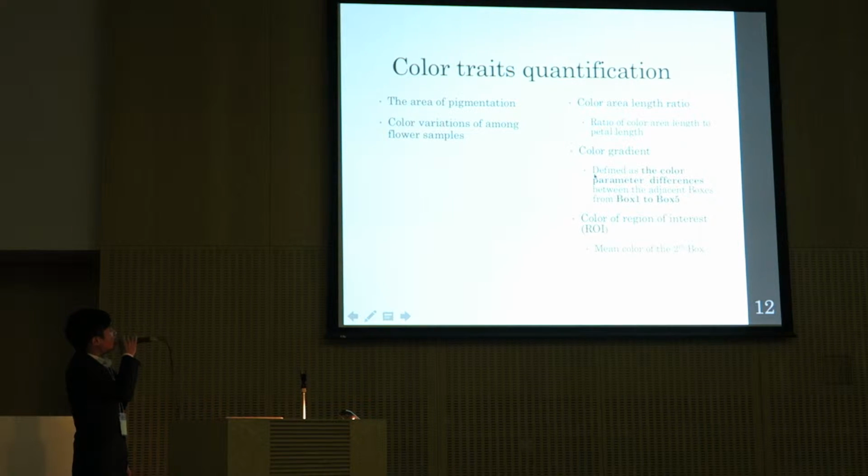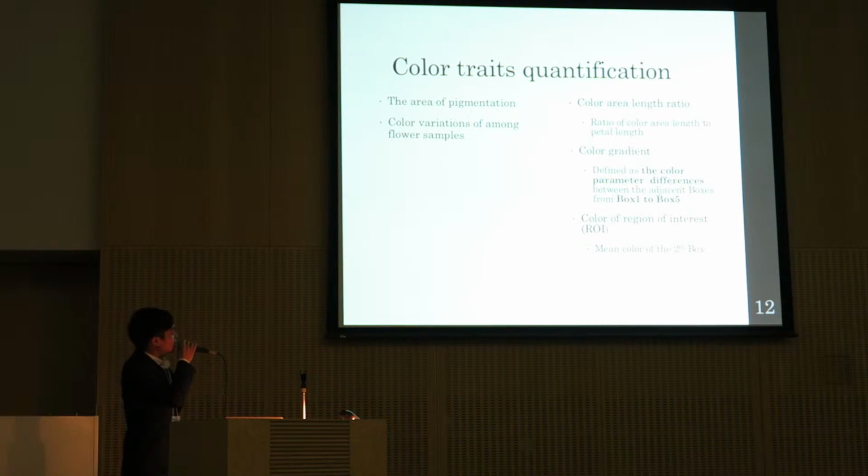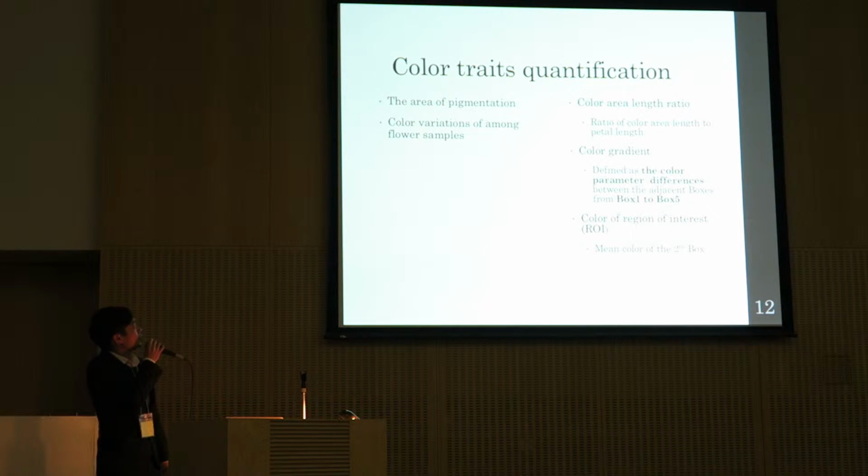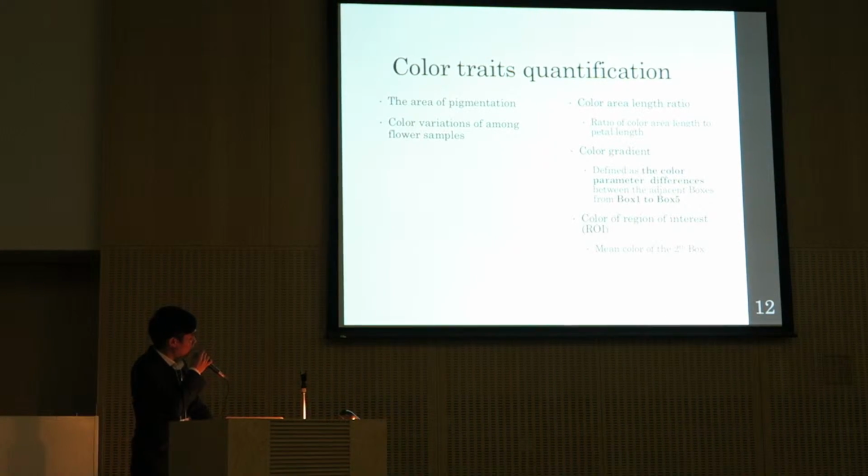And color area was considered as the area of pigmentation, and it contains color variation among flower samples. So here we quantify 3 color traits in color area: color area length ratio, color gradient, and color of region of interest.